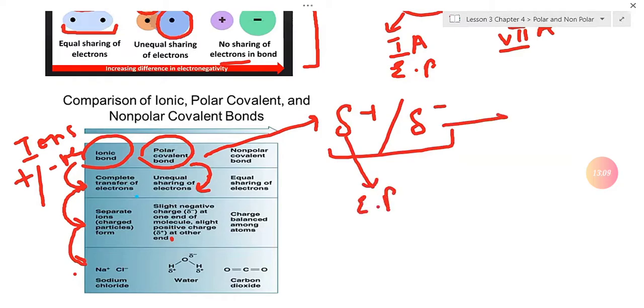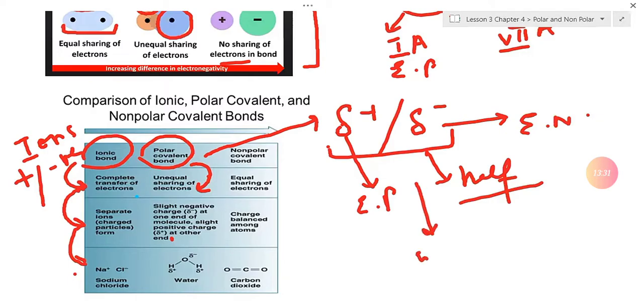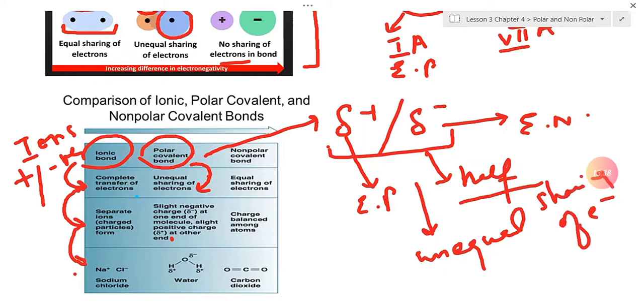Partial positive is for the more electropositive atom and partial negative is for the more electronegative atom, and partial means half. So in contrast to ionic bond, where we have complete positive and negative ions, in polar we have partial positive and partial negative charges. They are not complete, and this results in unequal attraction or sharing of electrons, meaning the electron pair is unequally held.